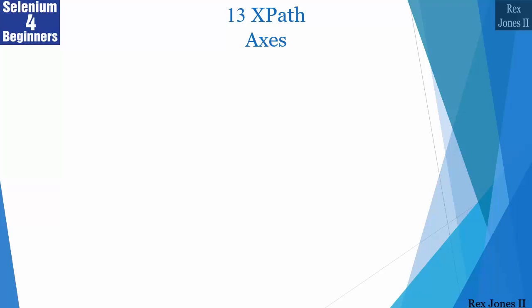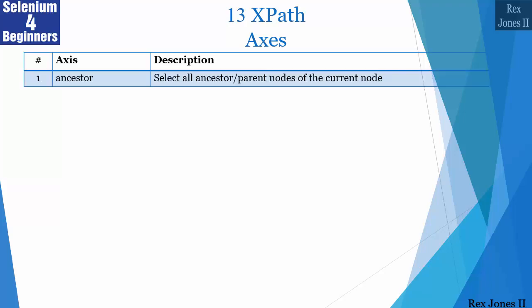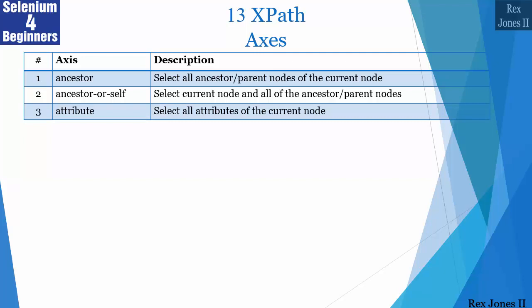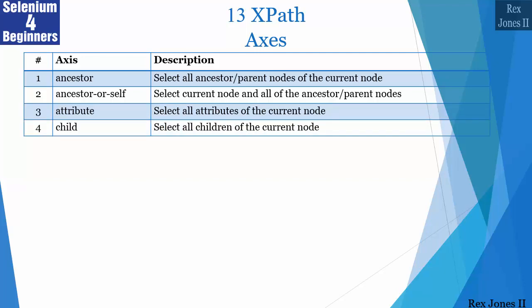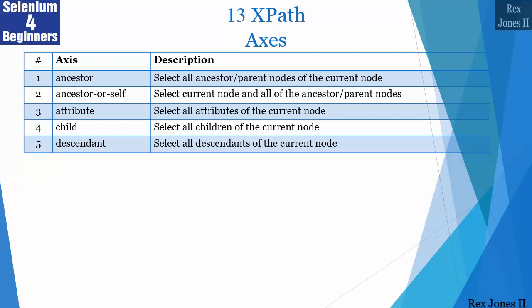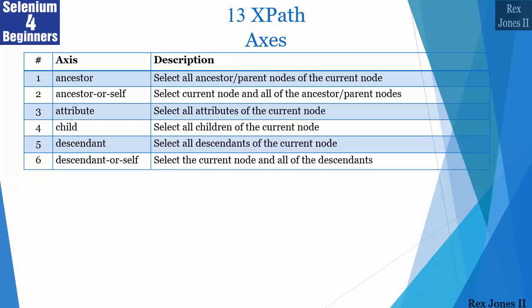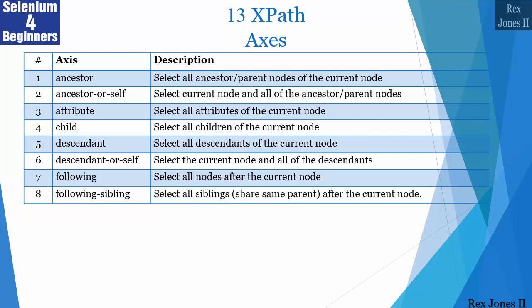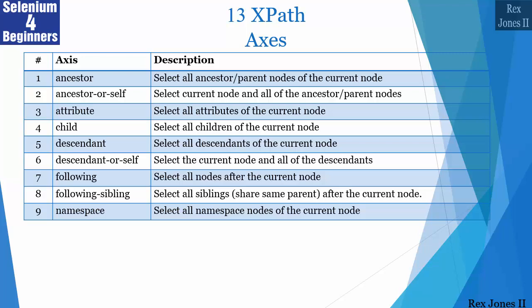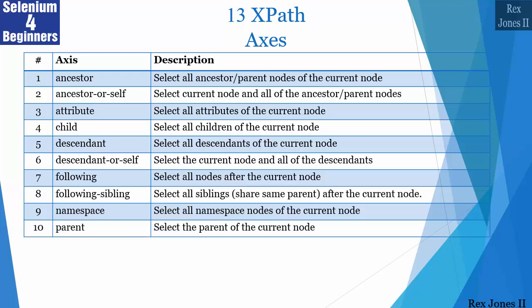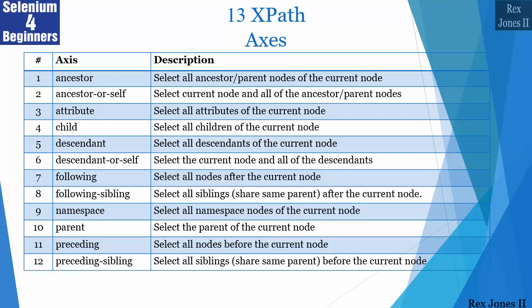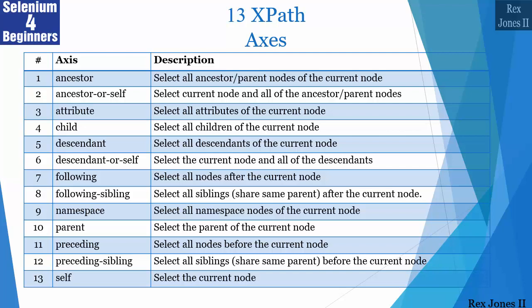In alphabetical order, the XPath axes are: number 1, ancestor; number 2, ancestor or self; number 3, attribute; number 4, child; number 5, descendant; number 6, descendant or self; number 7, following; number 8, following sibling; number 9, name space; number 10, parent; number 11, preceding; number 12, preceding sibling; and number 13, self.